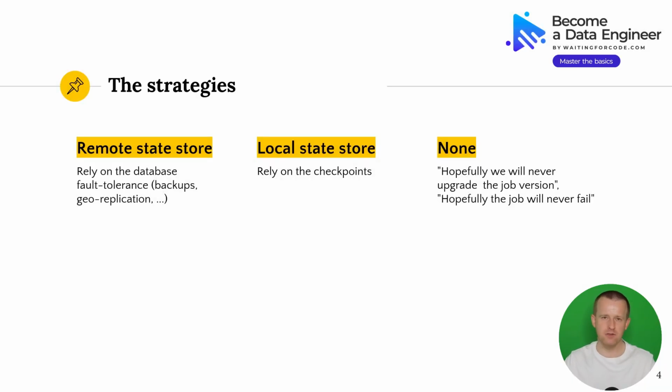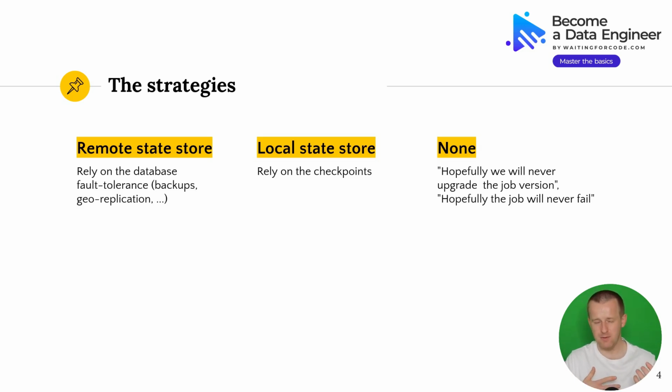There are three different strategies to ensure fault tolerance for this state store. The first one is when you have a remote state store, so a remote database, and as long as it doesn't go down, you have your state anyway, so you don't need any extra mechanism for checkpointing. Another one is the local state store.